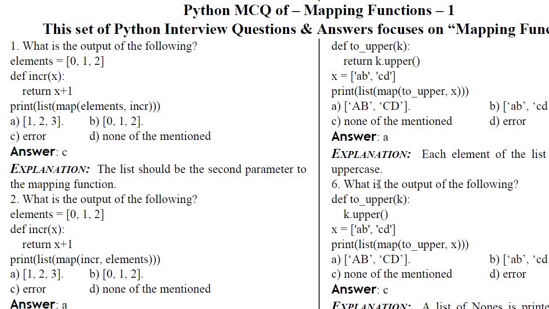There is a function to_upper with argument k. Return, look at this, return k dot upper. Now this function is already defined here and it returns k dot upper of this parameter.